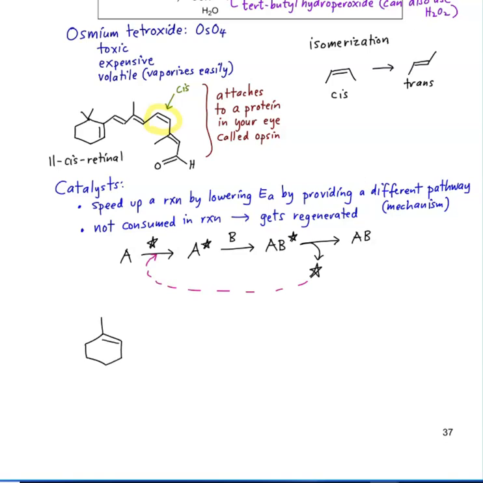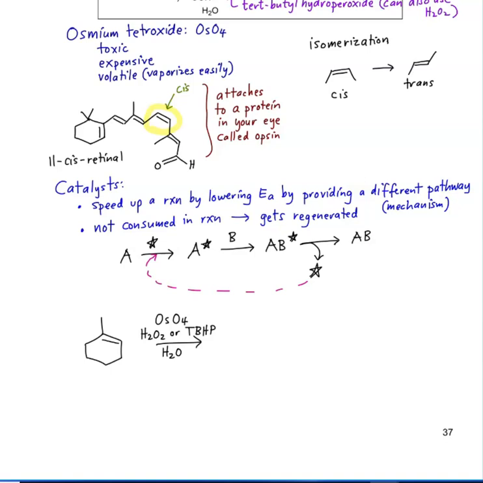So we'll start with this alkene and treat it with osmium tetroxide in combination with either hydrogen peroxide or tert-butyl hydroperoxide, and there's going to be some water. The purpose of the peroxide, by the way, is to help regenerate the osmium catalyst.